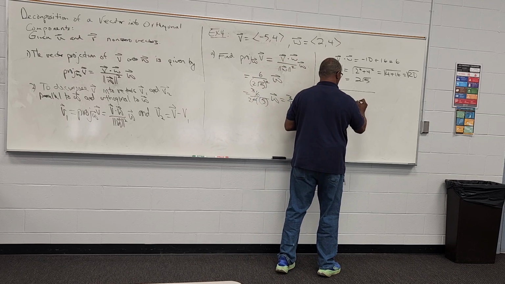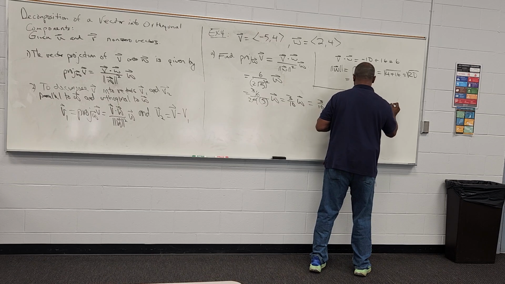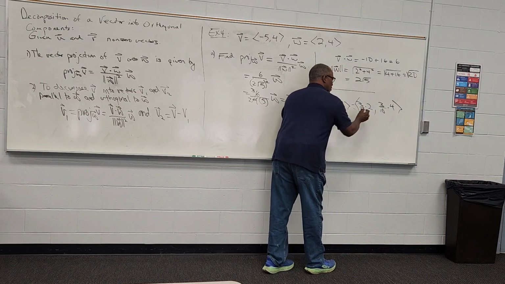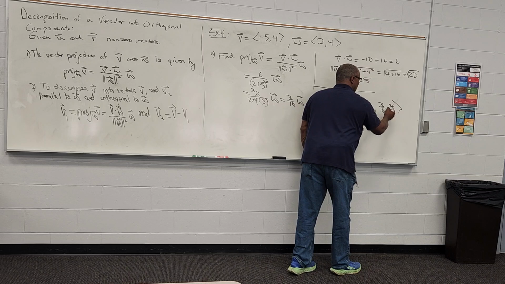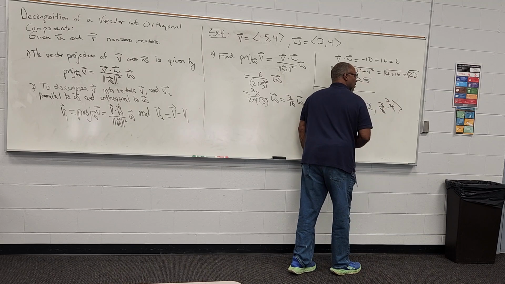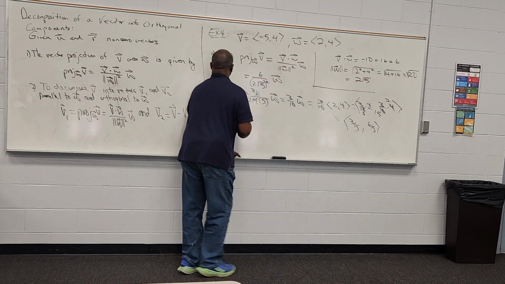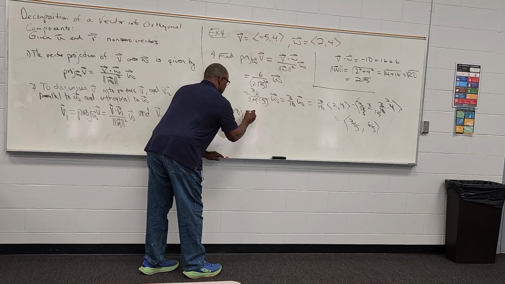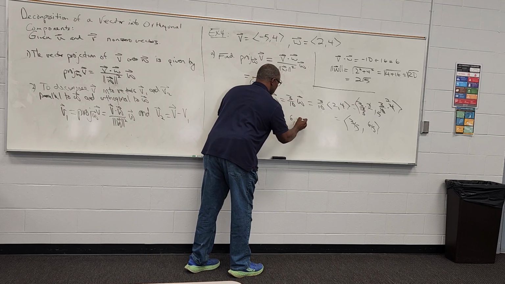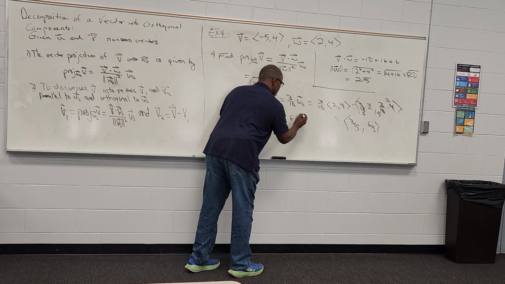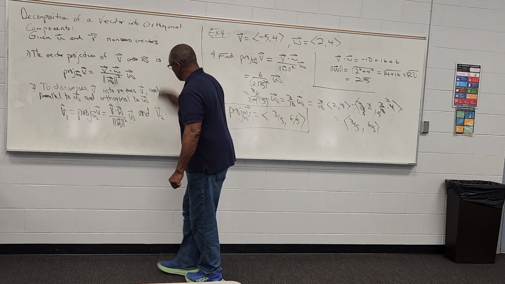So I just multiply 3 tenths times each one: 3 tenths times 2, comma, 3 tenths times 4. 2 goes into 10, 5, so 3 fifths. 4 and 10 have a common factor of 2. 2 goes into 4 twice, 2 goes into 10, 5, so I get 6 fifths. So what I just figured out is the projection of vector V onto vector W is the vector 3 fifths, 6 fifths. So I just answered part A.